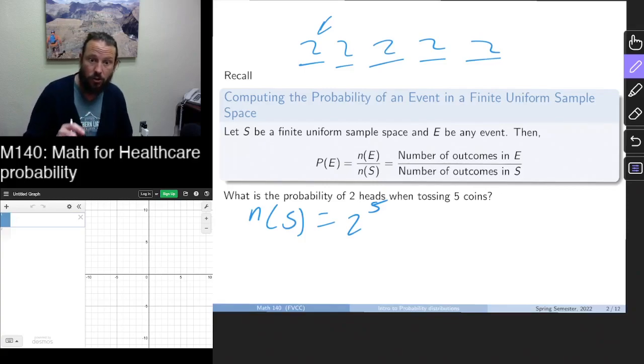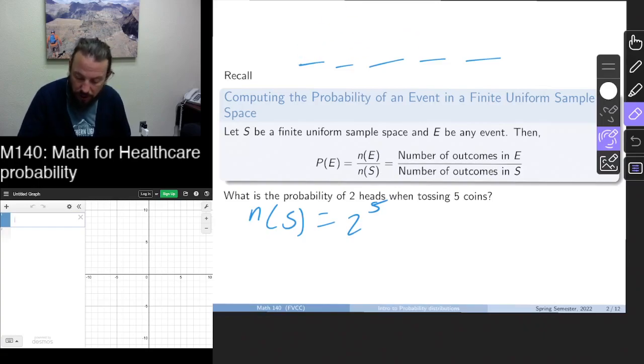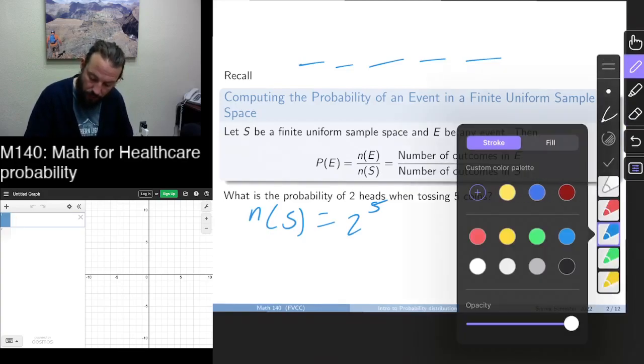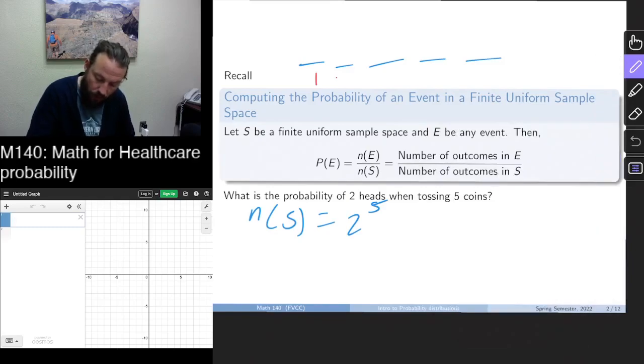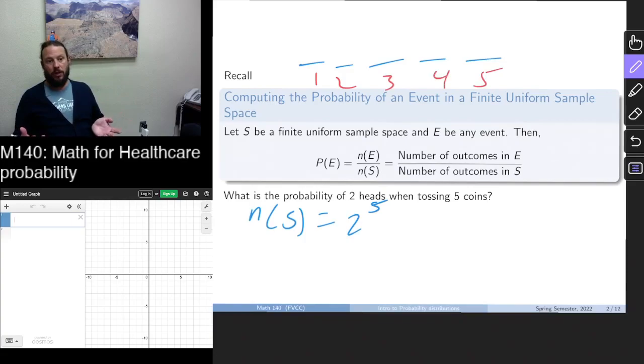How about getting 2 heads? Let's think about this. We still have these 5 slots, so let's number them 1 through 5. What is 2 heads?